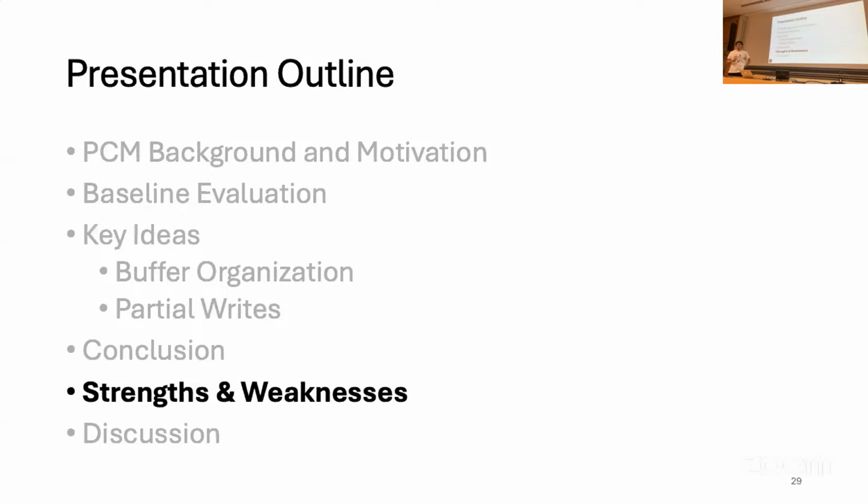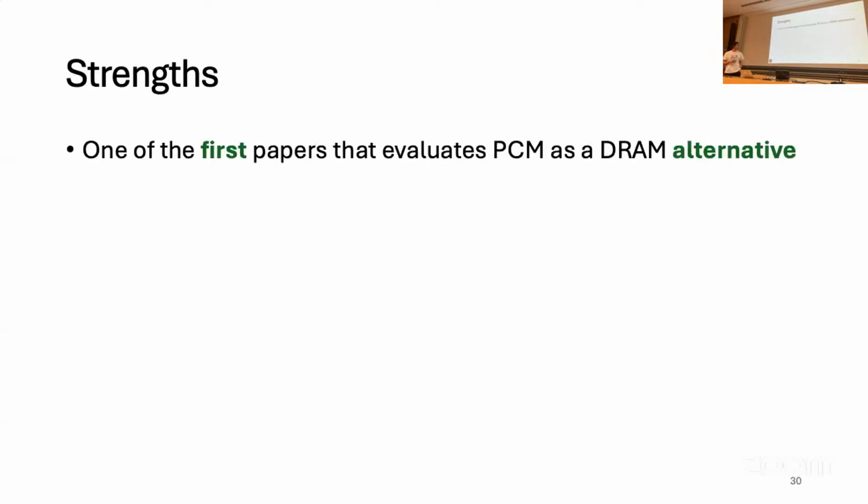Okay, then I will move on to some evaluation and talk about strengths and weaknesses. So strength of the paper, in my opinion, the biggest strength is really that it is an innovative paper, and it was one of the first papers that evaluated phase change memory as a DRAM alternative. So traditionally, or before that, most people were not considering PCM as a main memory technology, but more so as a technology for use on the side of storage technologies.